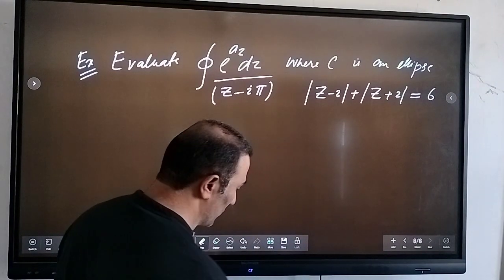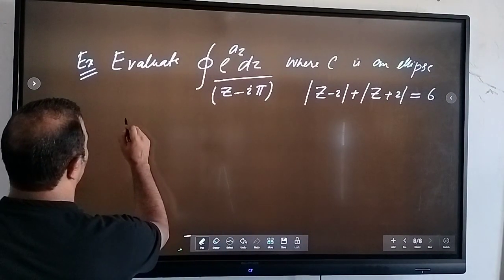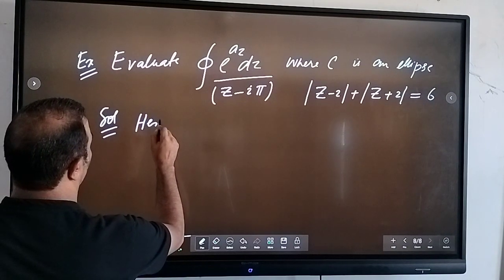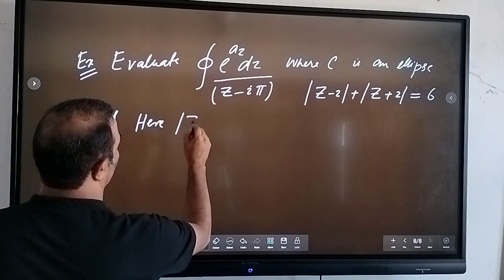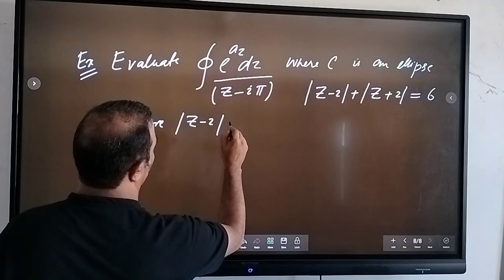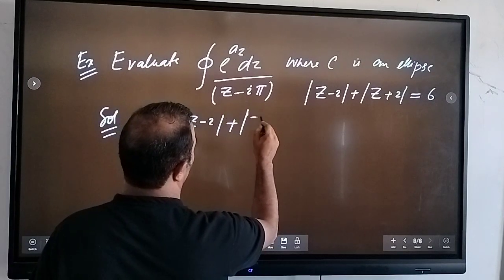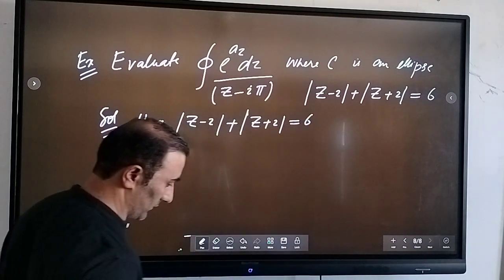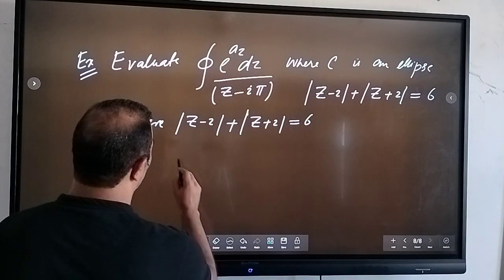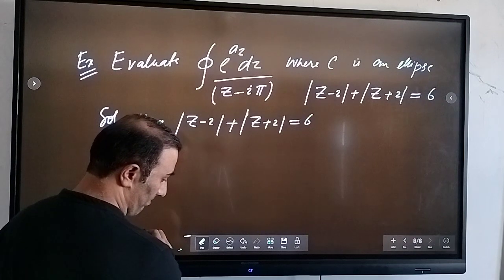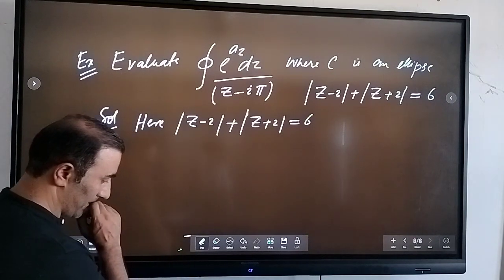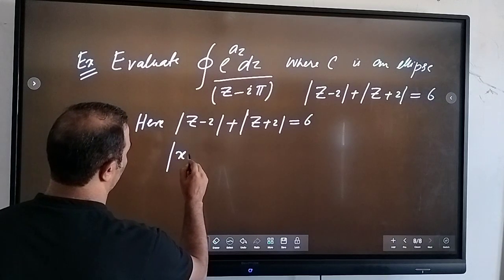So let us rewrite this. We can write this as |z - 2| + |z + 2| equal to 6. Or you can write this with z equal to x plus iota y.